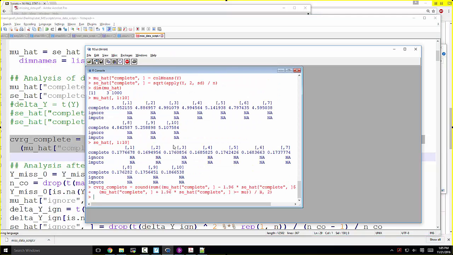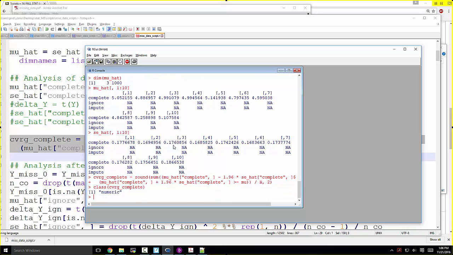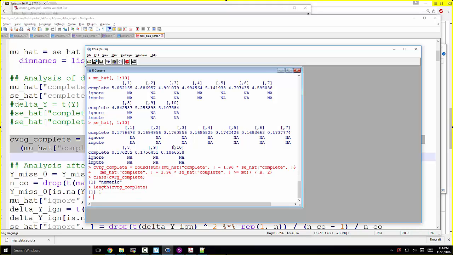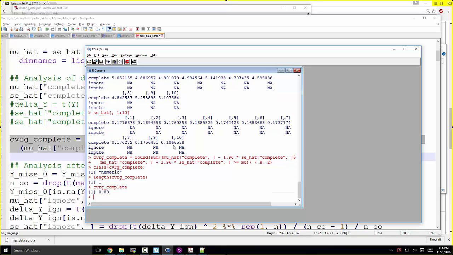And this has computed, let's see, a single proportion of coverage.